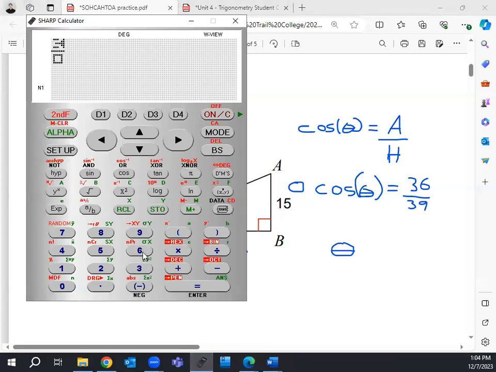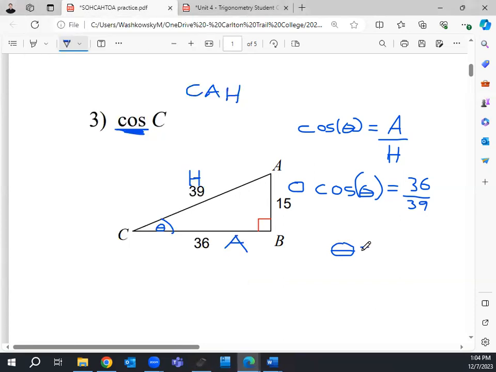If I take 36 over 39 and divide the whole thing by cosine, it's going to break it. So I use, just like before, that second function. Second function of cosine, and then you put your fraction in there. And you'll get a more proper angle. So 22.62 degrees.